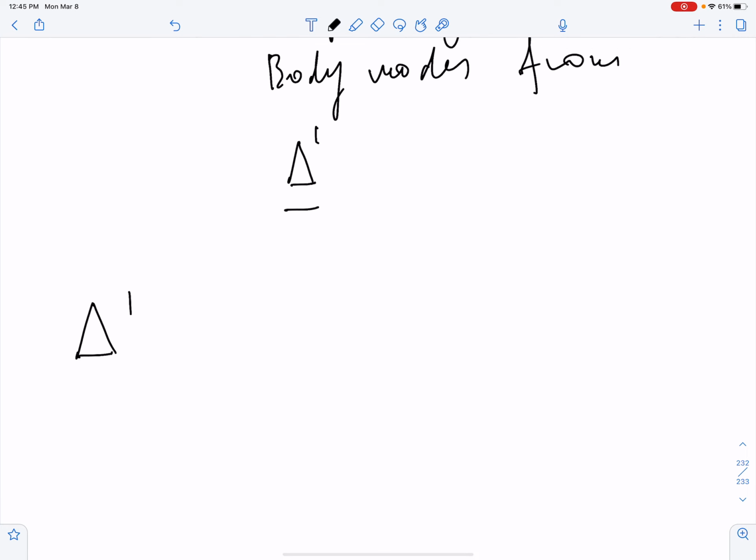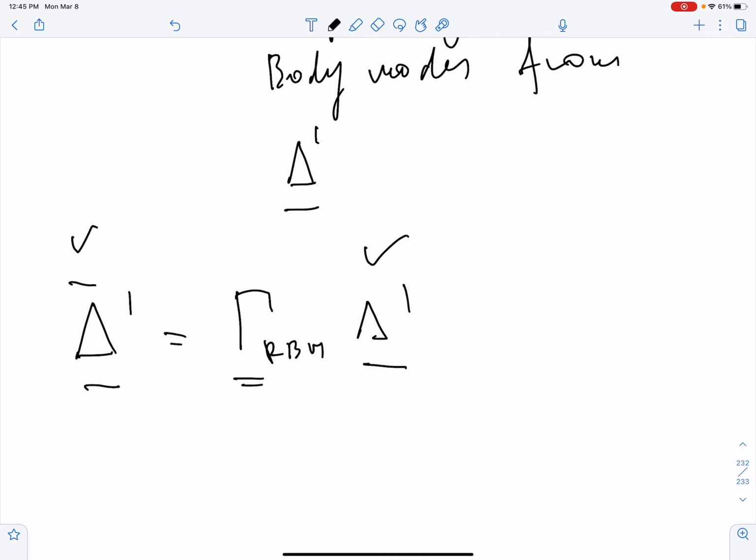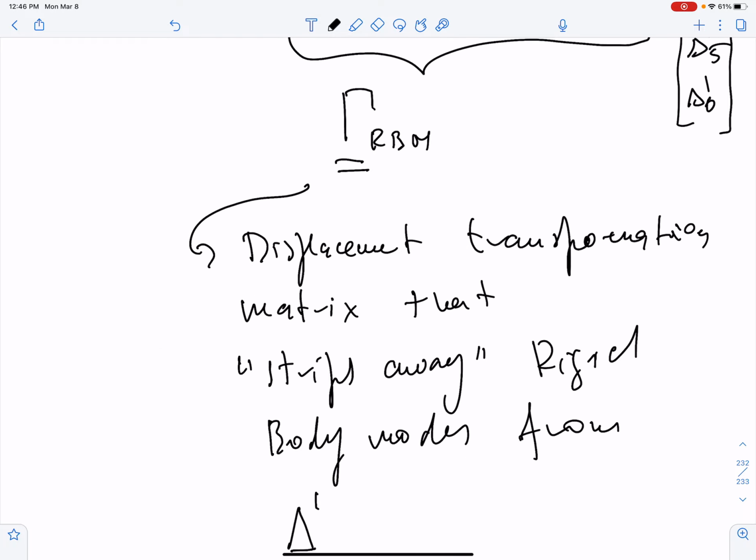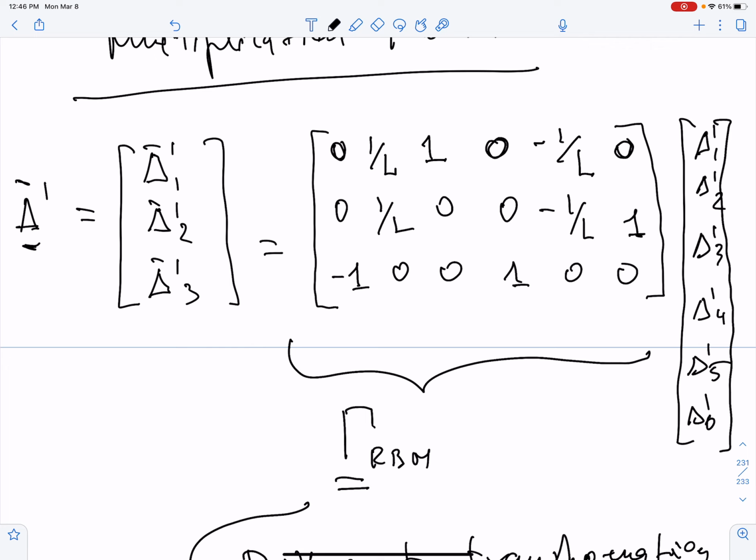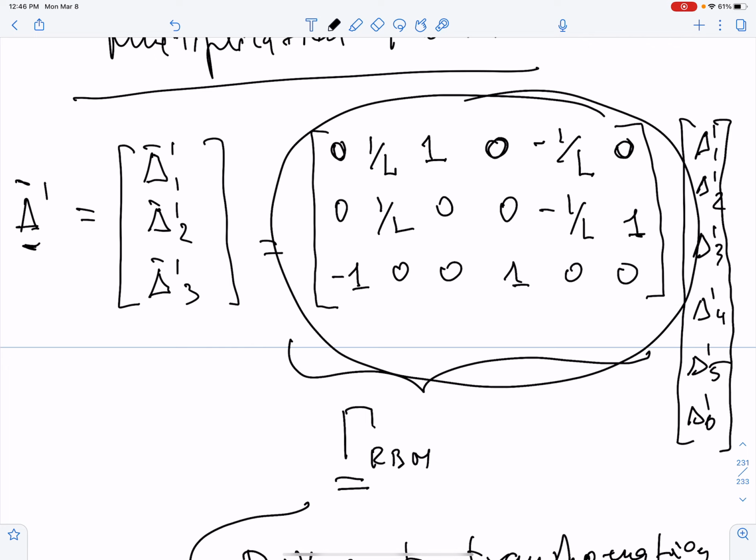So you've seen this equation before, equals gamma RBM. I've written it many times. It's just that for the beam column element, we have an extended definition of this that includes rotations, and as a result, that leads to an extended definition of the RBM matrix that is given explicitly by this expression here.